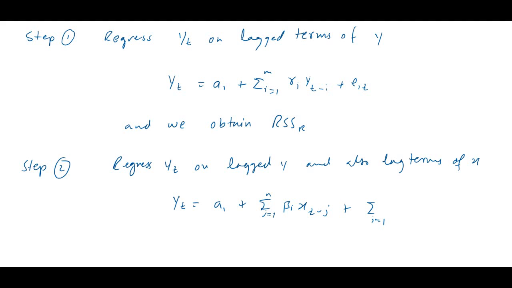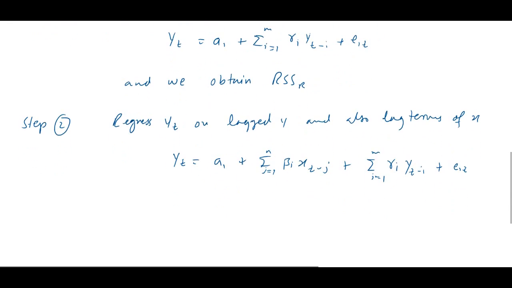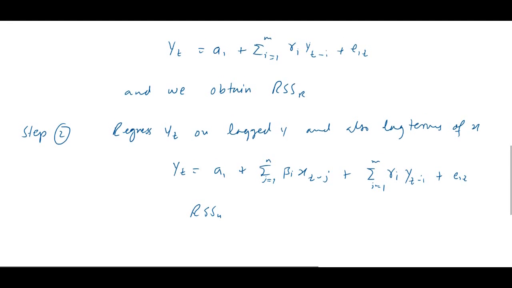The term that we have already used for regressing y terms of lag, we rewrite that portion, gamma i yt minus i plus e1t. And after regressing, we again obtain RSS, residual sum of square, and we call this residual sum of square the unrestricted, RSSU, unrestricted residual sum of square.